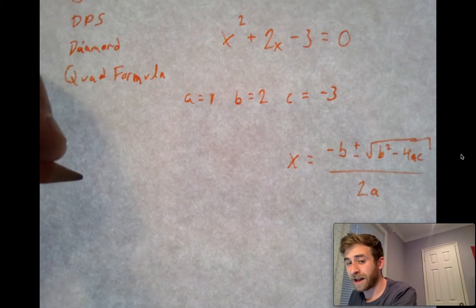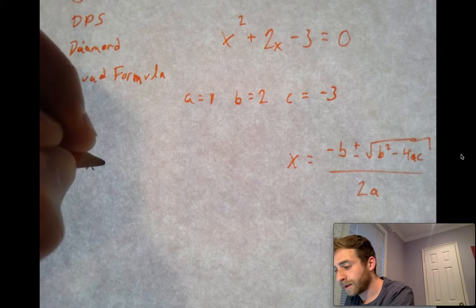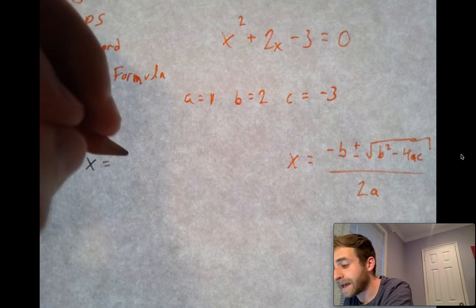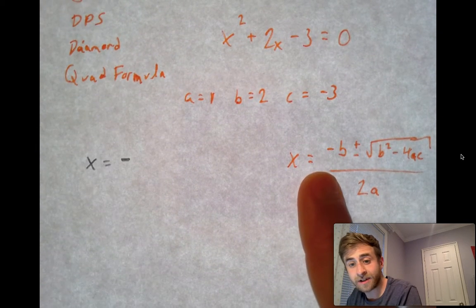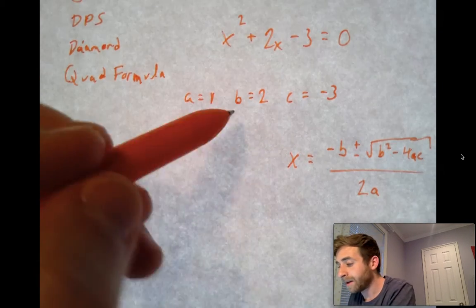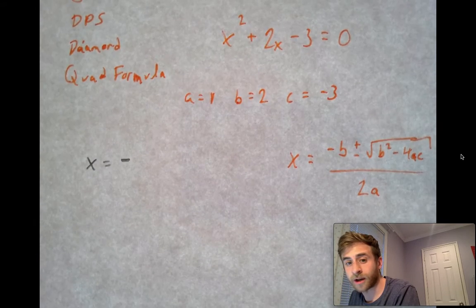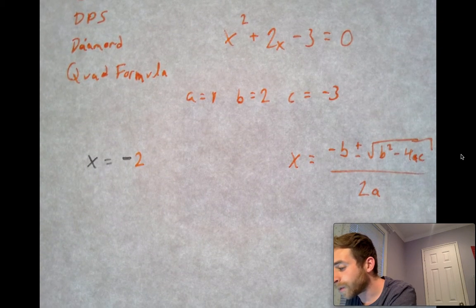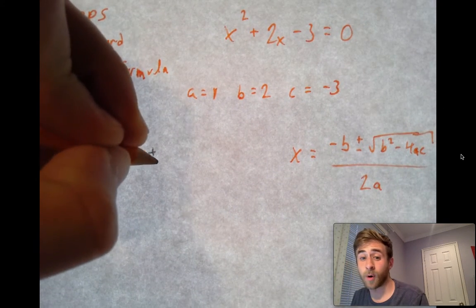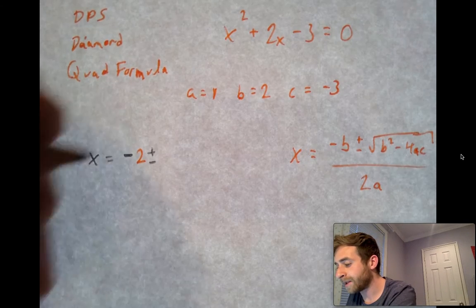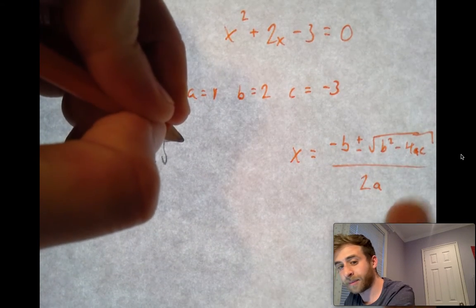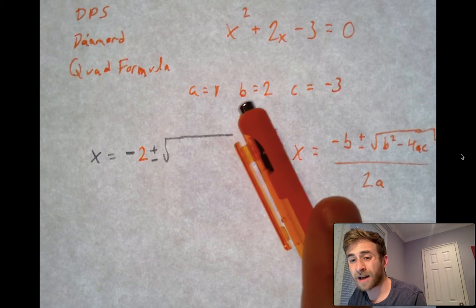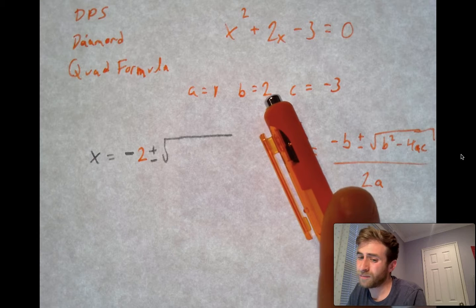So we've got x equals, and then negative b is my first thing. So I'm going to say negative, because that negative is there. And instead of b, I know that b from this original quadratic equation was 2. So negative 2. Plus or minus we will talk about in a moment. I'm just going to leave it there. Plus or minus the square root, right? I'm just copying from over there. The square root of b squared. So I can either write 2 squared, or if you know it right away, you can just plug it in right away.